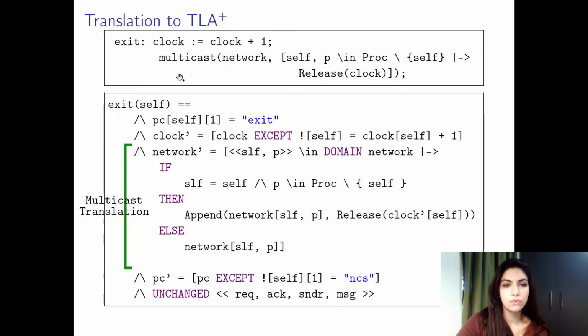The first thing to pay attention to is the fact that the pc variable also references the number 1 here, which means that we are in the first subprocess. These lines represent the translation of a multicast operation when invoked with a FIFO channel. And we can see here that even the pc prime variable takes into consideration in which subprocess we are.